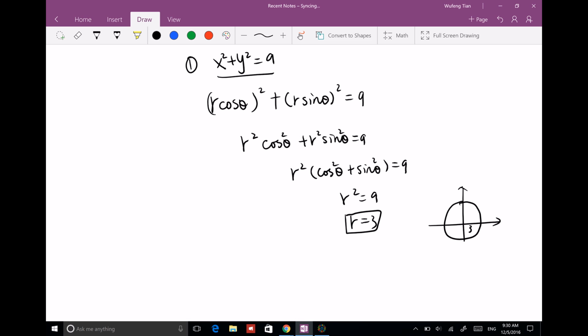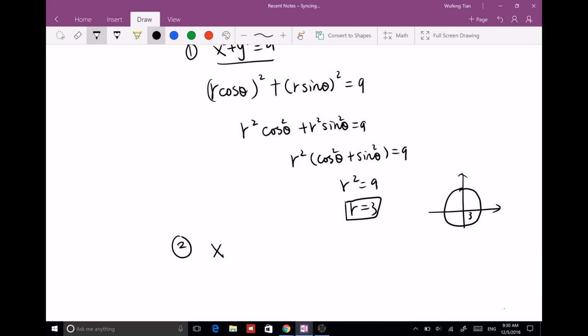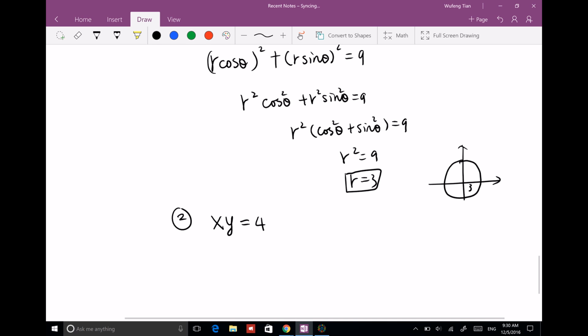So next one, xy equals 4. I'll give you 20 seconds to work at this one by yourself.